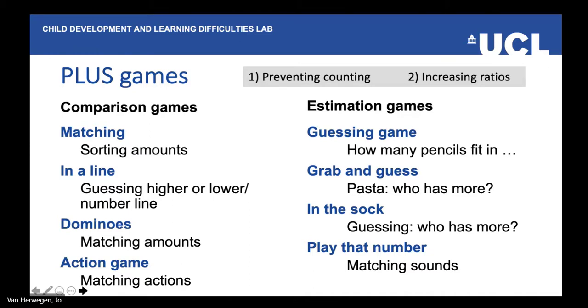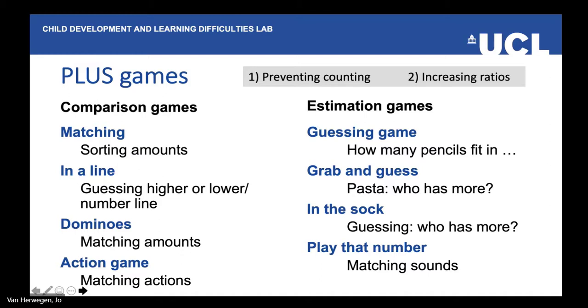These games were developed for preschoolers, so for the age of 3 to 5 years old, but we've also done them now with younger children and with slightly older children, especially older children who have mathematical learning difficulties. And I'll show you a little bit later on around how we found in our research that these games really help.